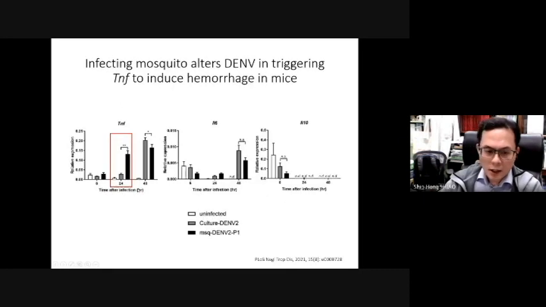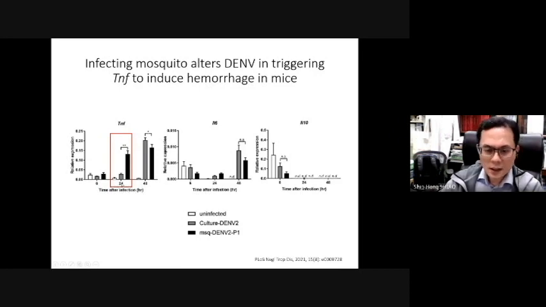And we compared the MSQ dengue P1 to culture dengue for their ability to induce macrophage TNF production. Here we used qPCR to analyze the TNF production. We can see that the MSQ dengue P1 virus induces almost 4-fold higher TNF production than culture dengue virus, even as early as 24 hours after stimulation.